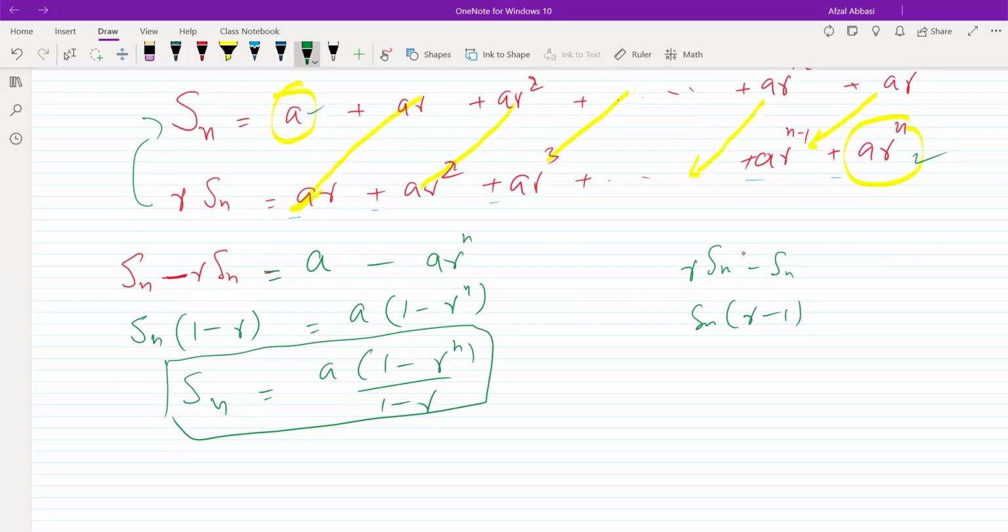Directly also you can write this, because if you just change the signs of top and bottom, you get the other form of the formula, a(r^n minus 1) over r minus 1. It doesn't matter which form of the formula you use, the result will be the same. In any scenario, you can use any of the formulas.